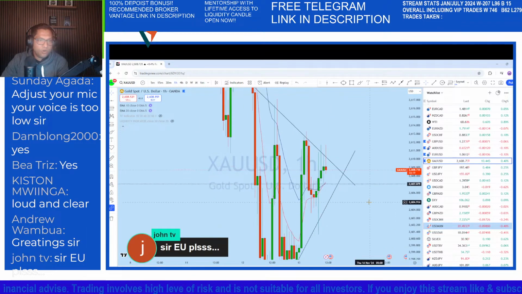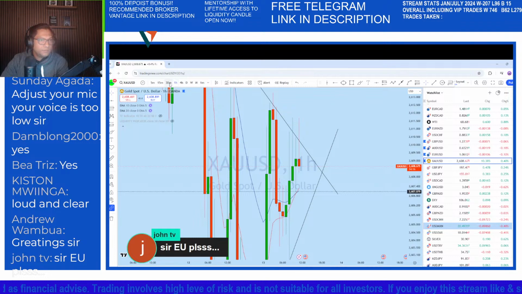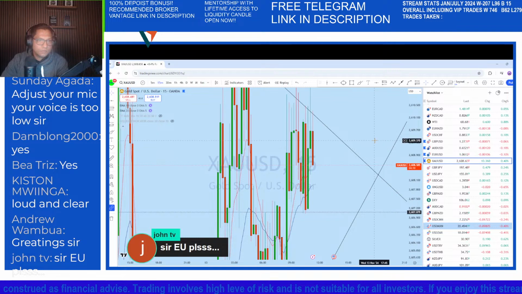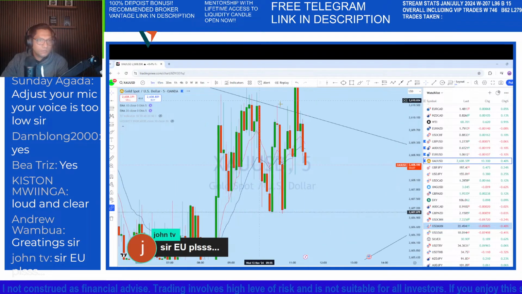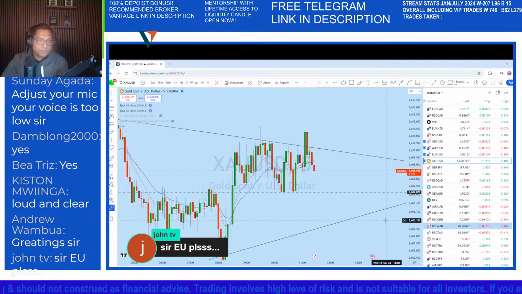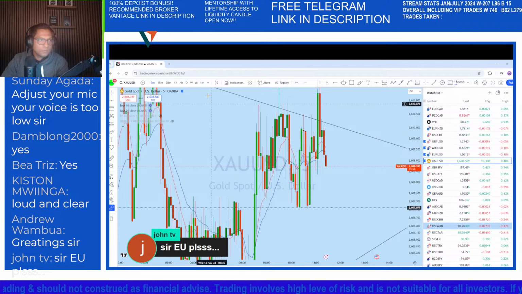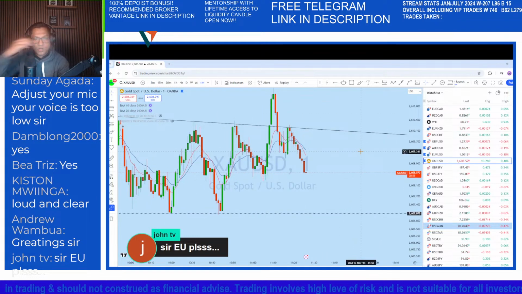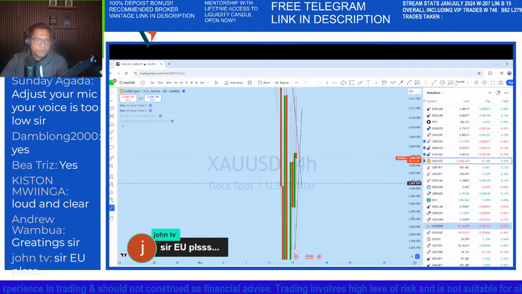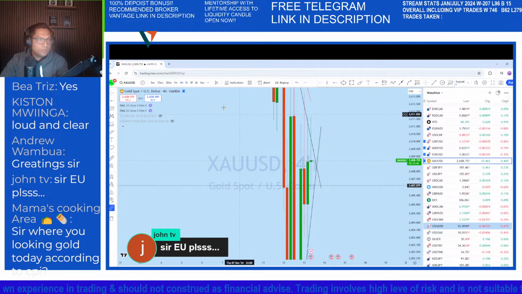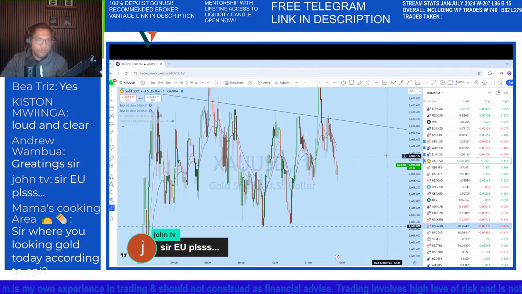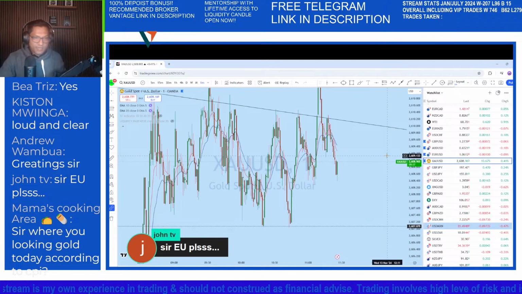We'll be waiting for the market to show its hand. On the lower time frame price action, we can see the market slowly trying to break below here. As soon as we find a suitable entry, we will be looking for a trading opportunity in this market. Let's see where it is heading.